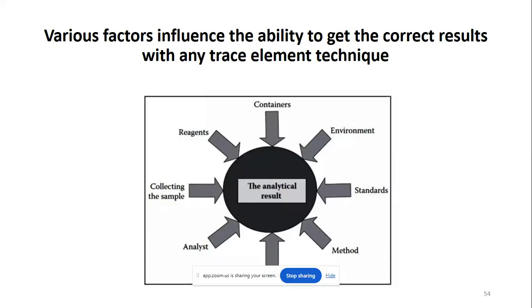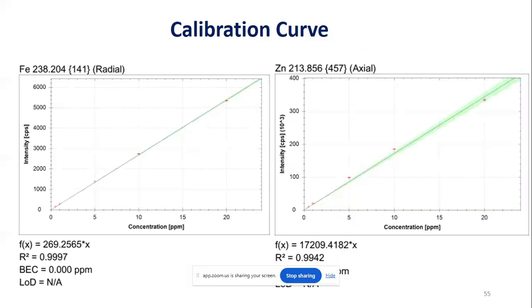Environmental factors matter because there is a protocol for the transportation of the metal samples. Standards could contribute if they are contaminated, or if we do not prepare the samples as per requirement. Method is again person-specific, like the proficiency of the person, collection of samples, reagents, and all these things will hamper the accuracy of the results.